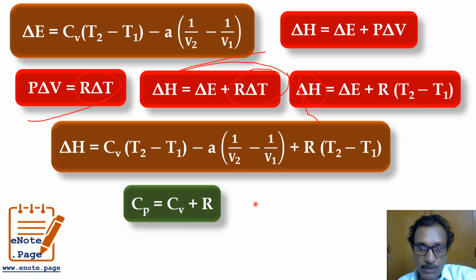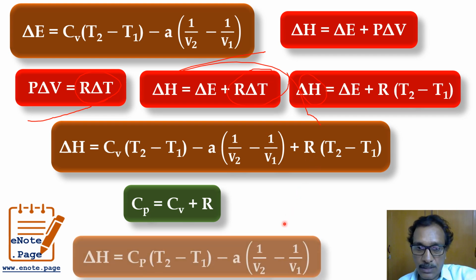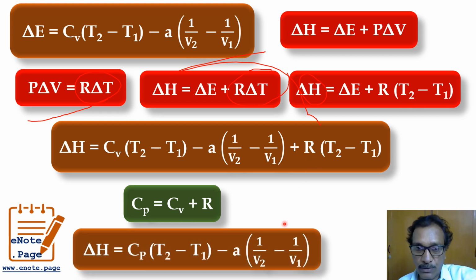We know the relation between Cp, CV and R: Cp is equal to CV plus R. Therefore, we combine the first and the third terms, and the relation becomes delta H equal to Cp into (T2 minus T1) minus a into (1 by V2 minus 1 by V1). So this is the relation for delta H.